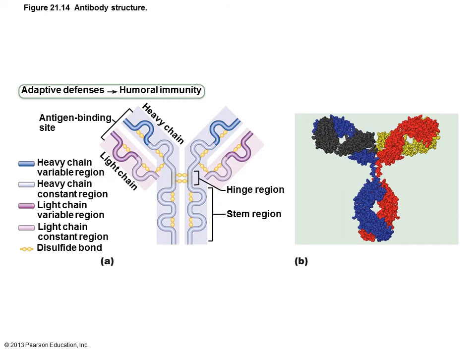IgG is the most abundant antibody: 75 to 85% of circulating antibodies are IgG, and they cross the placental barrier. IgE is a monomer involved in allergies and parasitic infections, and it causes basophils to release histamine.